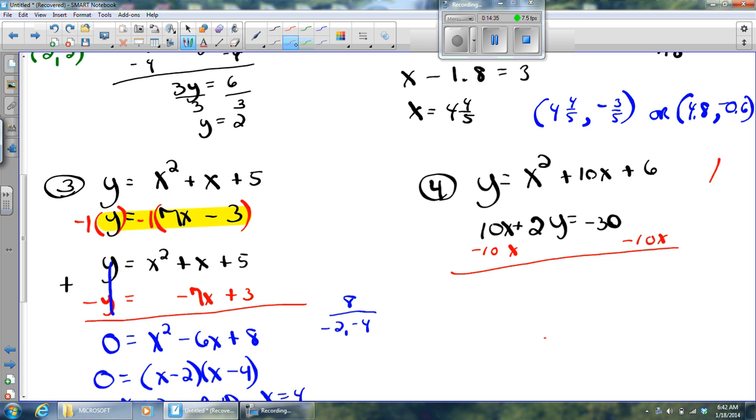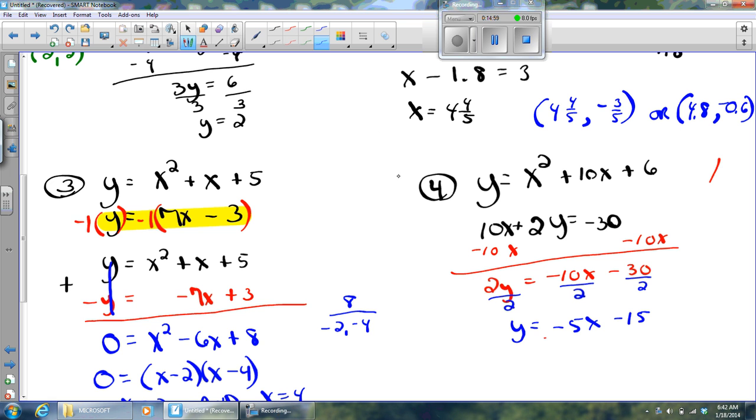And that will yield the equation 2y equals negative 10x minus 30. And then I'm going to divide by 2. And remember, I have to do it to all the terms. And so I'll get y equals negative 5x minus 15.